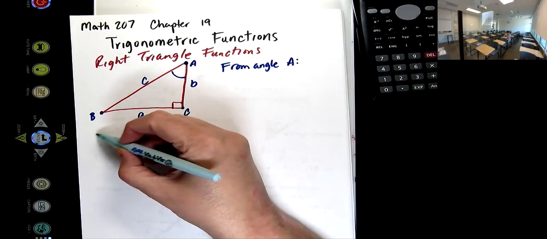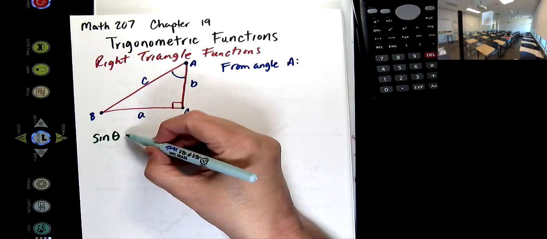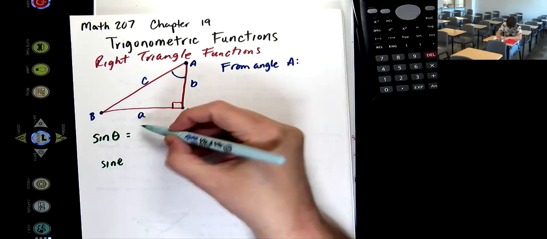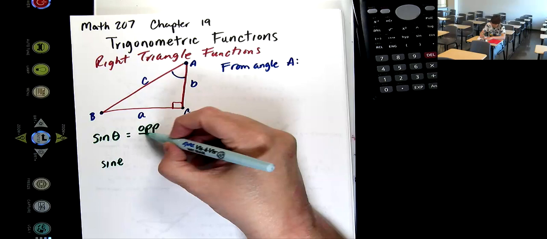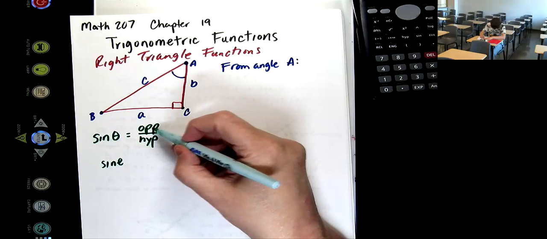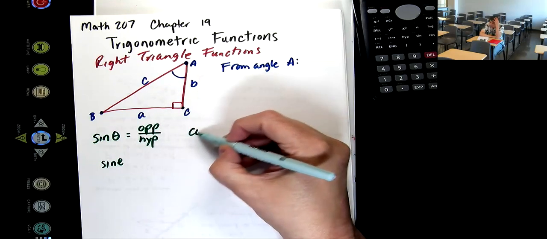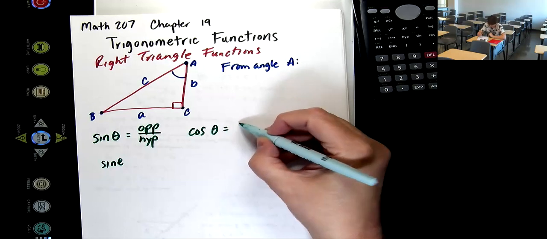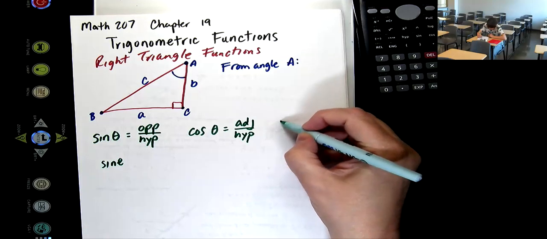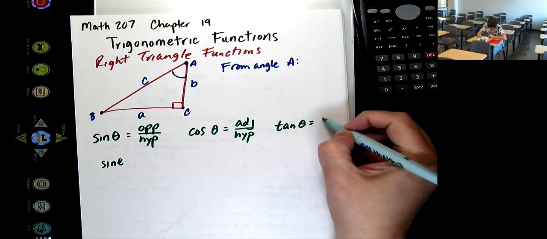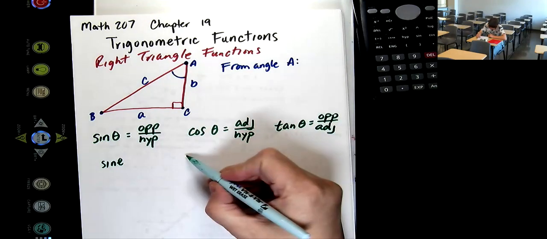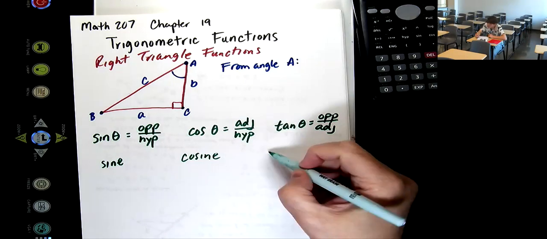We can have sine of the angle, sine of theta, which reads sin, but it's really spelled sine, is opposite over hypotenuse. And I'll identify all of these three things in a second. Cosine of theta is adjacent over hypotenuse, and tangent theta is opposite over adjacent. This is sine, cosine, and tangent.